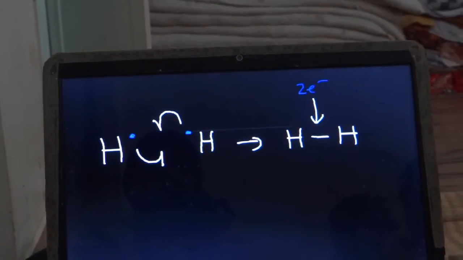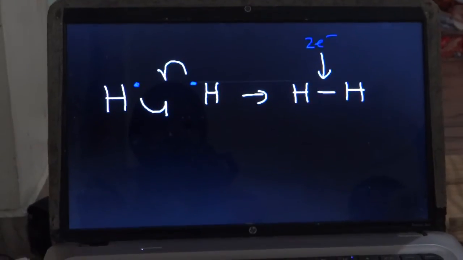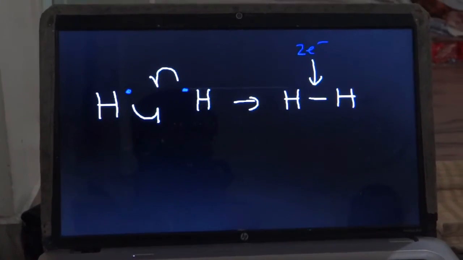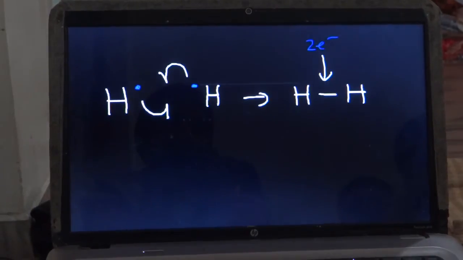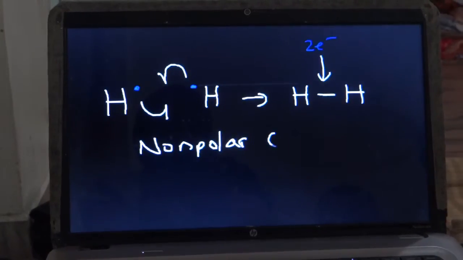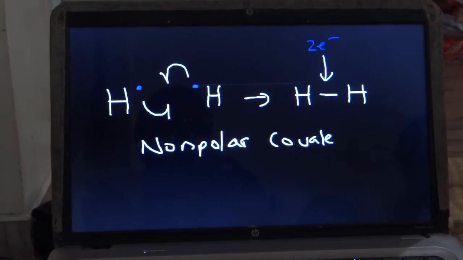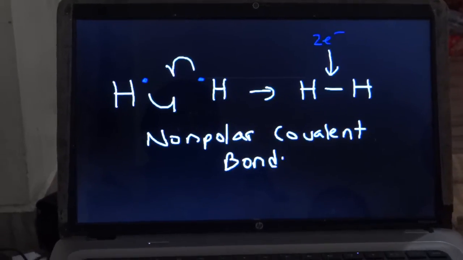So this is a covalent bond since we have sharing of electrons. Because the elements are identical, because they have the same electronegativity, this is classified as a nonpolar covalent bond. Because the electrons are distributed equally, it's nonpolar.